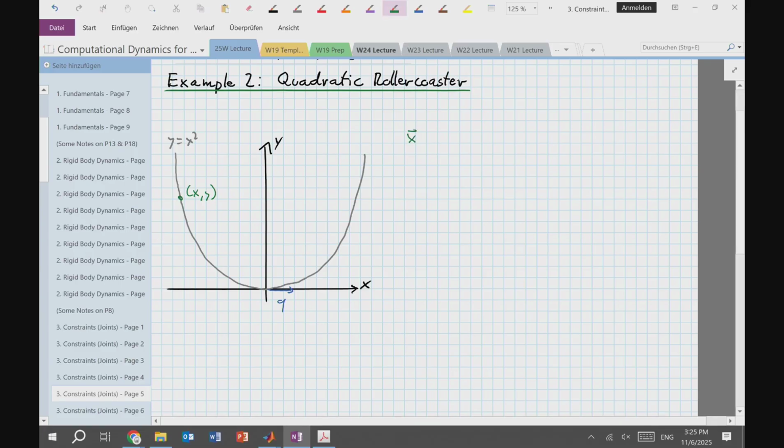So in this case, my x vector describing the motion of my point mass is the x and y coordinate of this point, which is given through an explicit constraint formulation as a function of a scalar value q. My explicit constraint equation would be x is equal to q and y is equal to q squared.